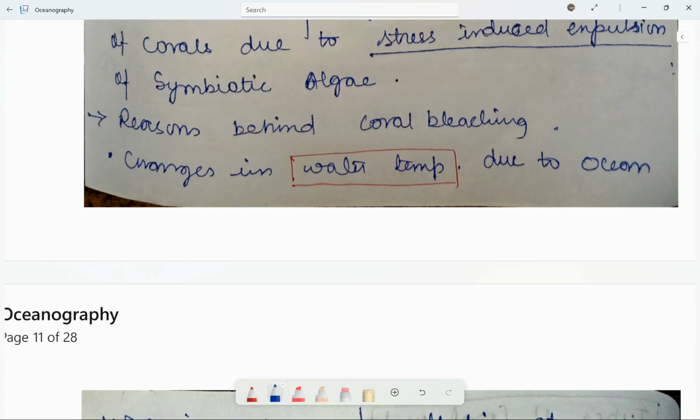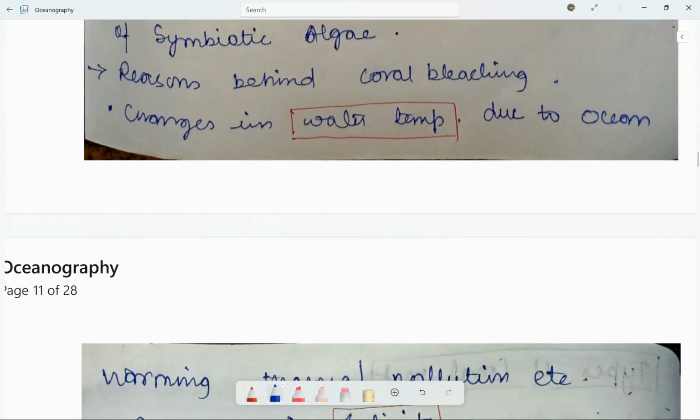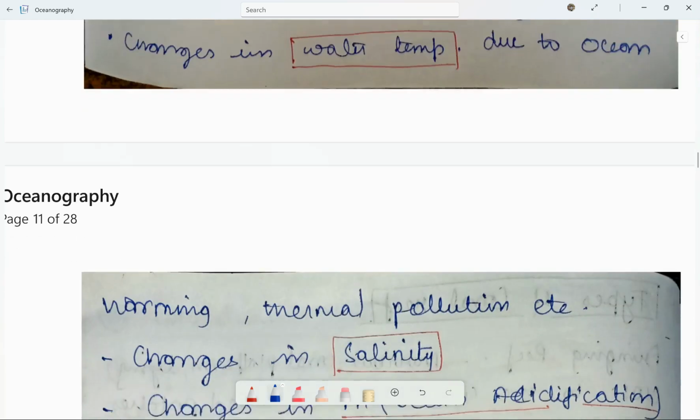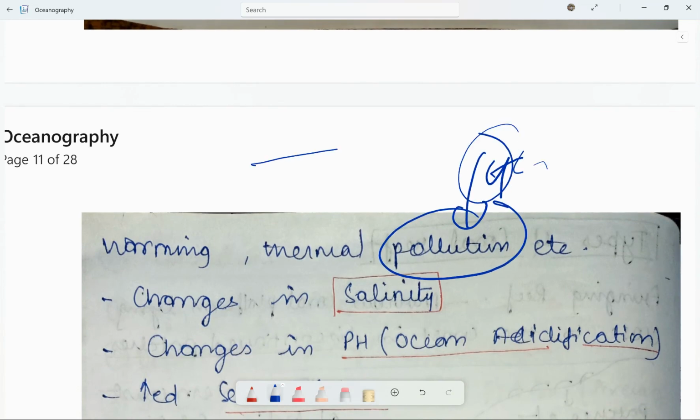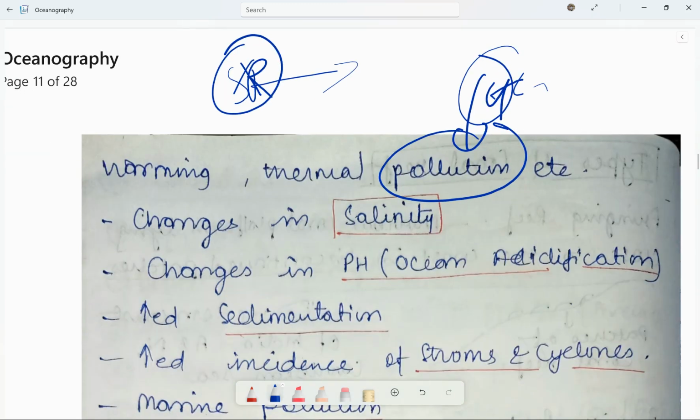Now the question is, why there is so much of coral bleaching happening and why it's a matter of concern? Due to changes in the water temperature, the ocean is getting warm and this is resulting in pollution which causes the algae or the symbiotic relationship to get over. If there is changes in the salinity, it impacts their living.